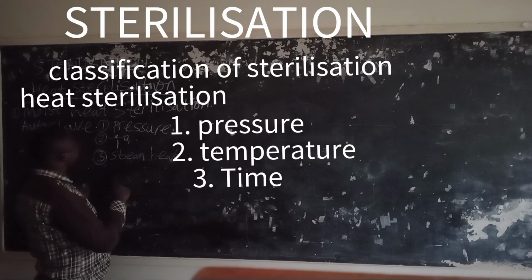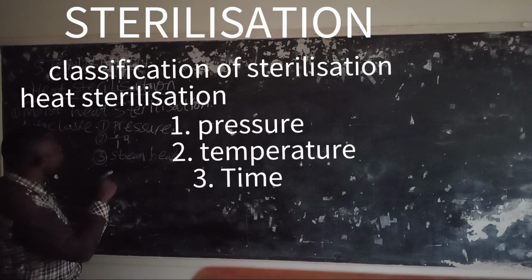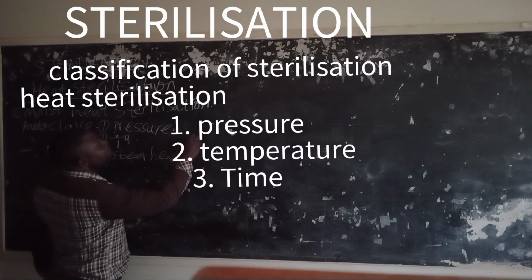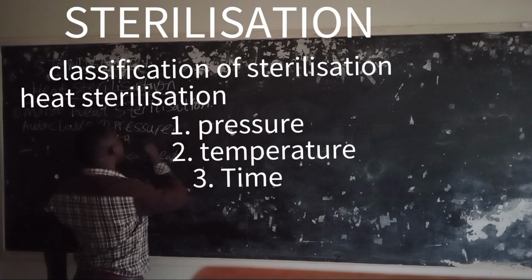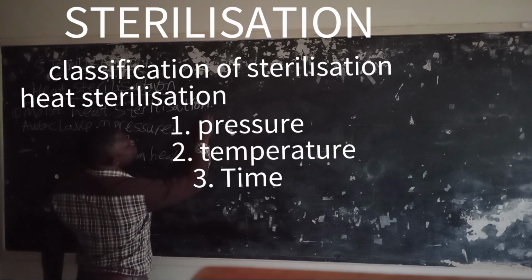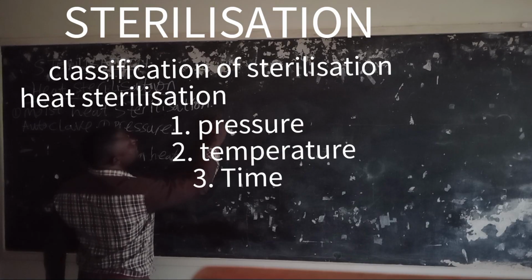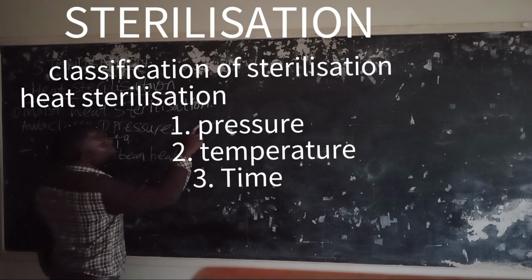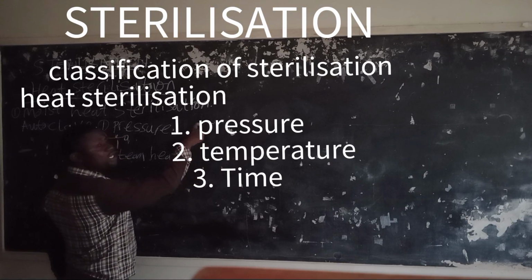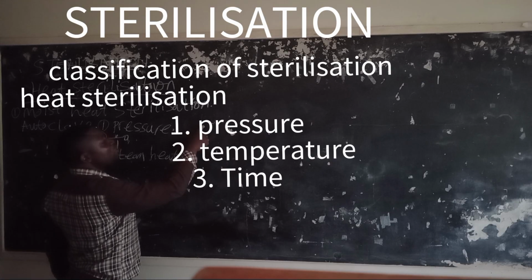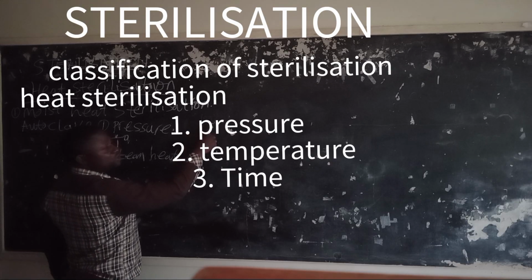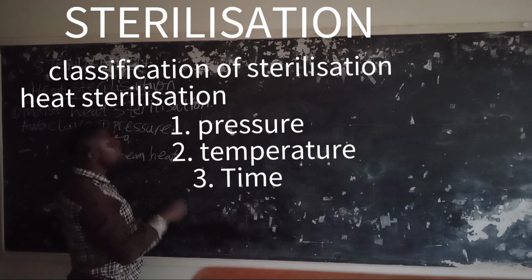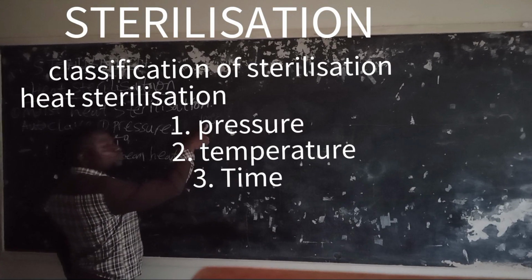Now, how do we increase it? There are some microorganisms which survive. The boiling point of water is 100 degrees Celsius. If it boils at this point, we shall kill some microorganisms, but there are some microorganisms which do not die at these degrees.